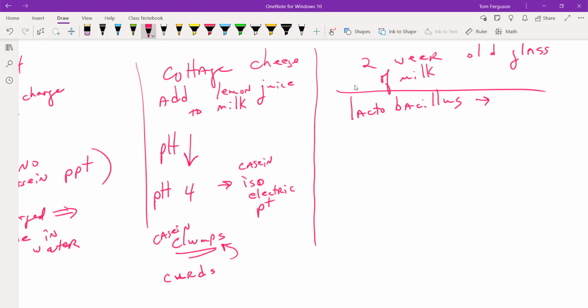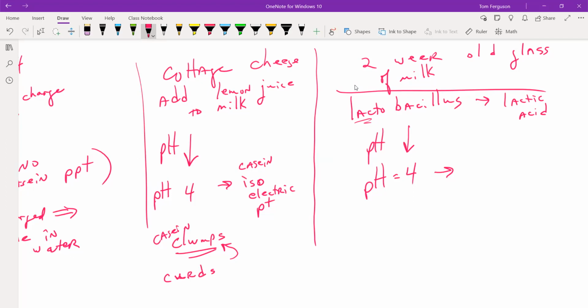When they eat things, they produce lactic acid. That's where the name lacto comes in. So we have these lactobacillus bacteria sitting there chowing down on that old milk. The more they chow down, the lower the pH goes until it gets to 4.